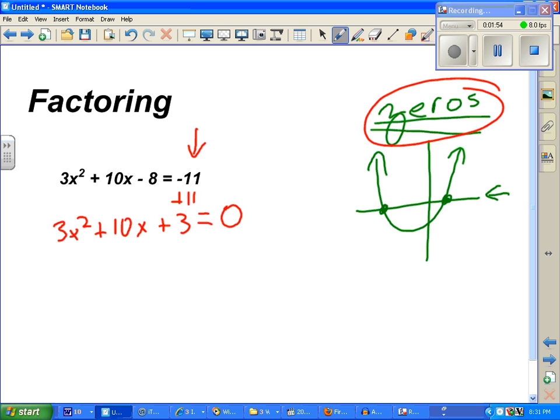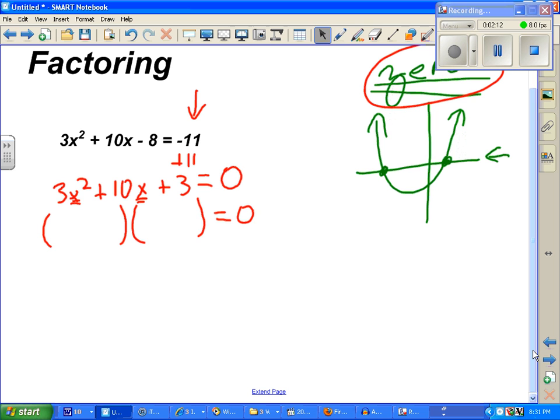equals 0. Now factoring, again we're trying to break it down into two multiplication pieces that I can work with because I've got an x squared and an x, and I need to get it just down to x so I can solve it. So factoring, how do we do this?